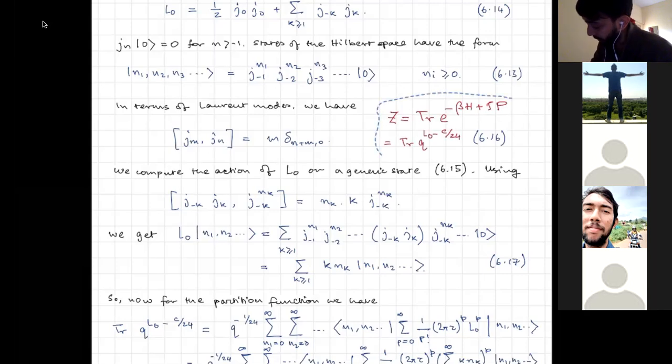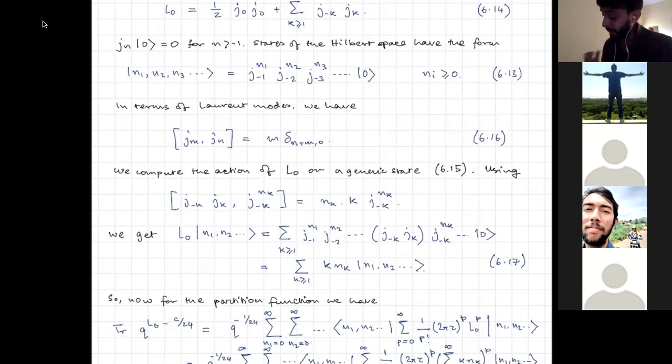What does trace mean? Trace means that you have to sum over all the states in your Hilbert space. The arbitrary states in your Hilbert space, as I said, are given by this object here, all of these. This is an arbitrary state in the Hilbert space. So what you want to do is take this guy.